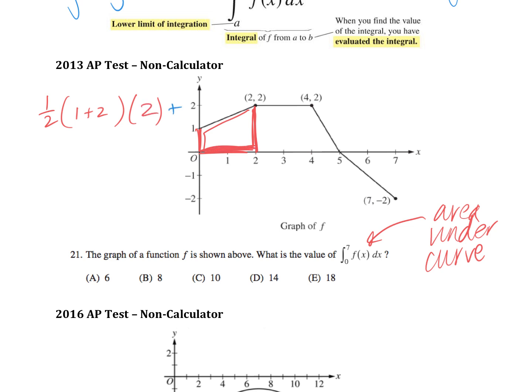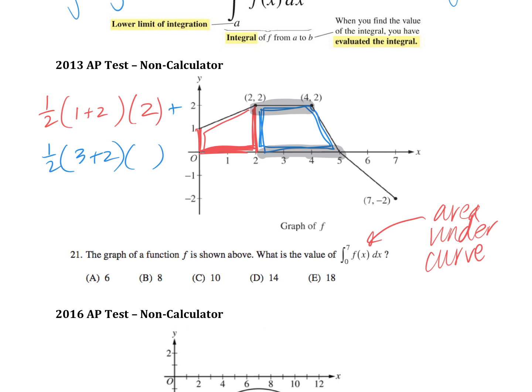Then let's add my next trapezoid, which is a little bit more easy on the eyes, just sitting more normal, if you will. 1/2 its bases times its height. What are the two bases? I'm going to put them in black. Close, isn't it? That's okay. 3 and 2, right?